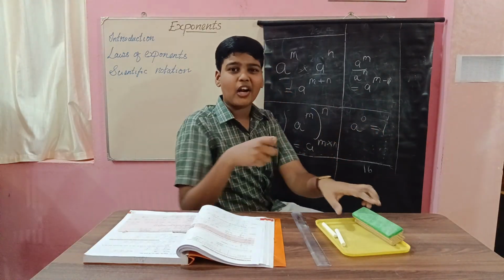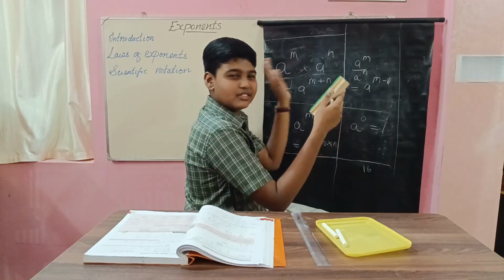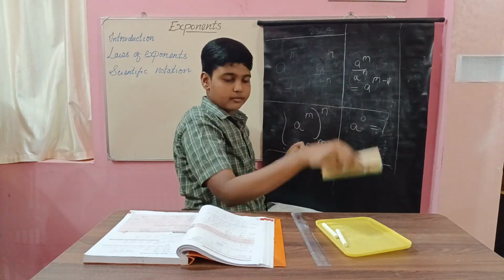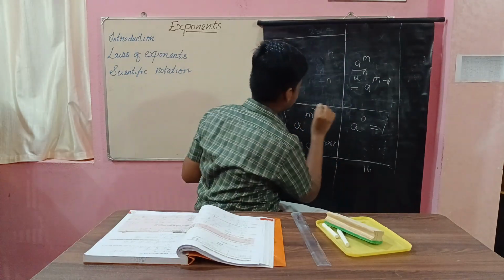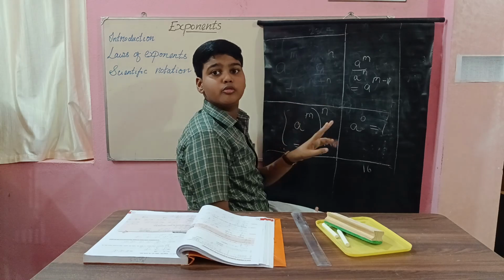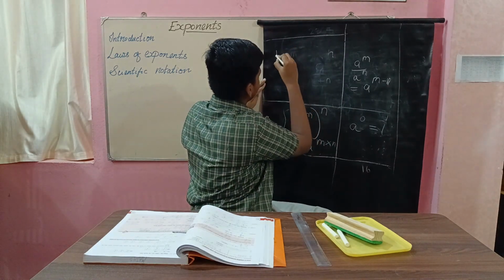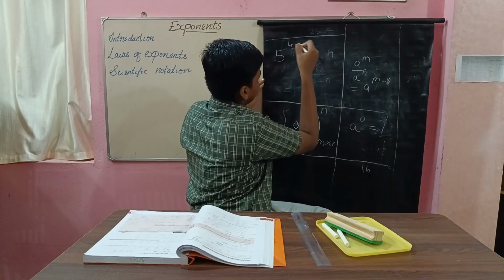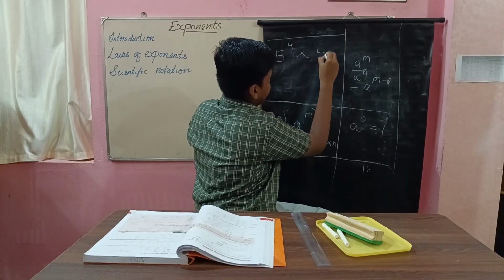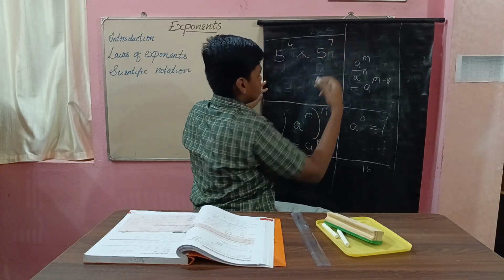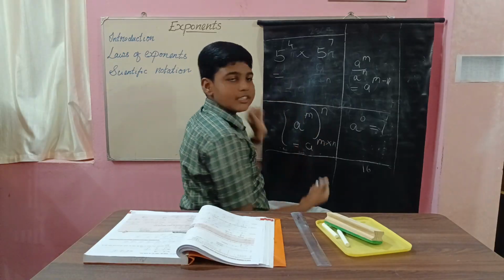So you may not understand head or tail in all these sums, right? Okay, I'll tell. So for each of the laws, we will solve two sums. So let's take 5 to the power of 4 into 5 to the power of 7. So now how to solve this?